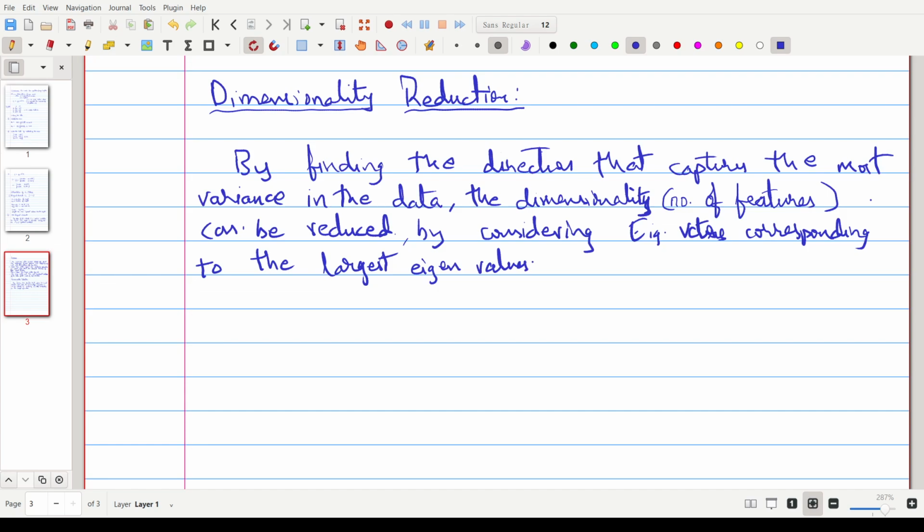As long as the features are independent of each other, we can treat each feature as a dimension. So the dimensionality can be reduced by considering the eigenvectors corresponding to the largest eigenvalues. So this is for the introduction. In the next video, we will do an example and breeze through it quickly.